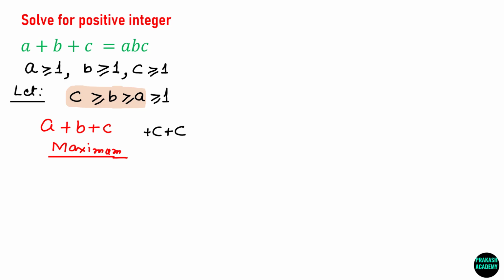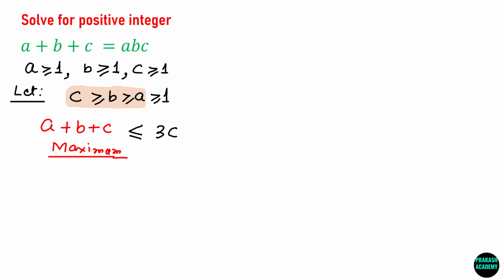But the maximum value of b is c, so the maximum value of a will also be c. So the maximum value of a plus b plus c is 3c. This means a plus b plus c has to be less than or equal to 3c. So this is one condition.